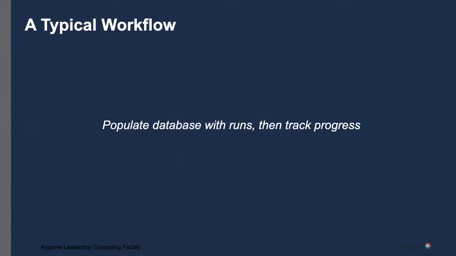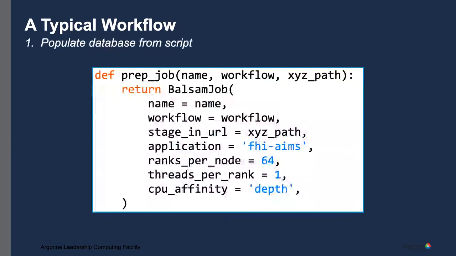A typical workflow with Balsam starts by populating your database with runs and then tracking the progress of all of these runs. So in the beginning, you might want to use something like Python and the API that Balsam provides to define a large number of runs. This example shows this Balsam job constructor, which allows us to define tasks.